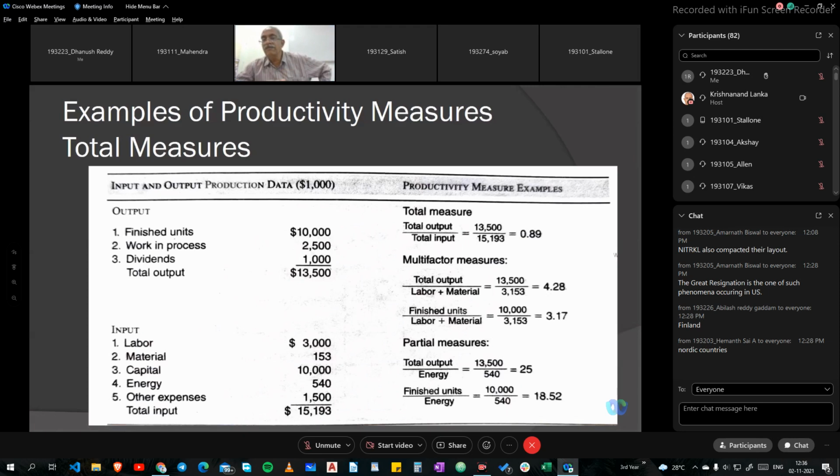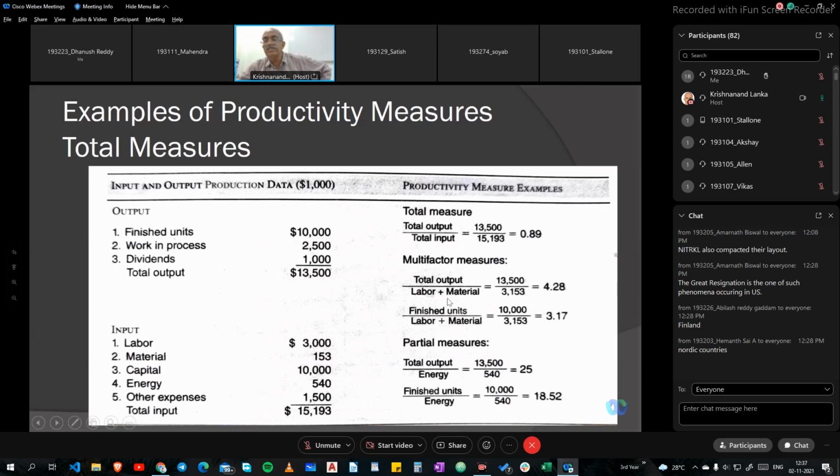That's why productivity is always relative to your competitor, relative to industry standards. You may use this 4.28 to benchmark year-on-year performance. For example, if last year you got 4.28, this year you might want to increase it to 5.